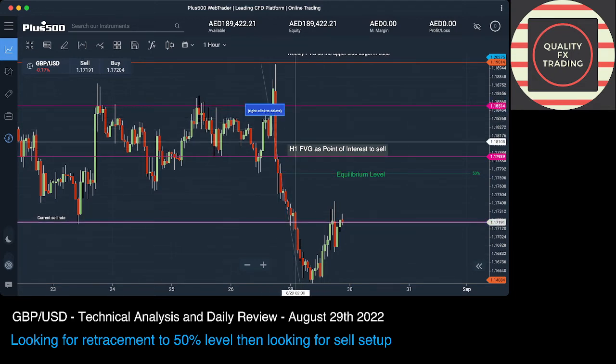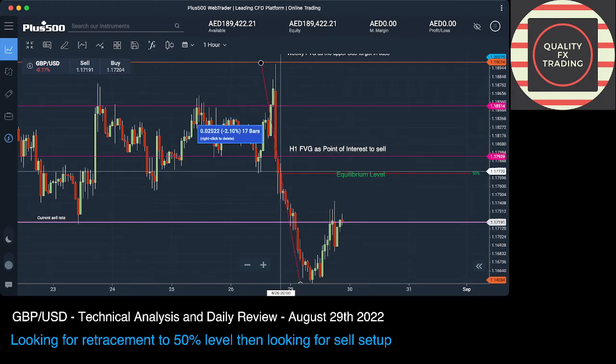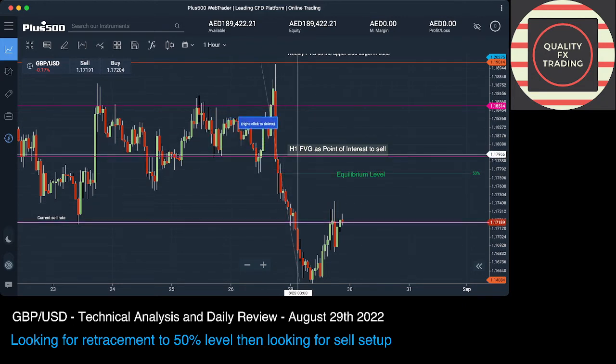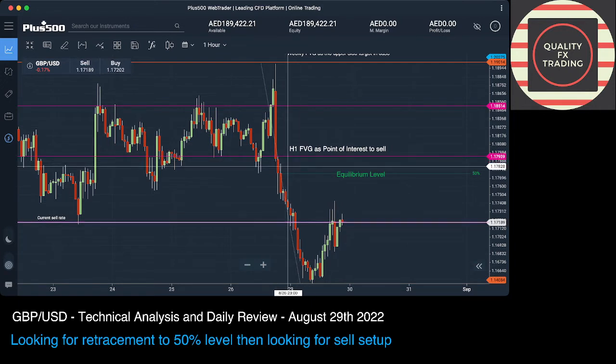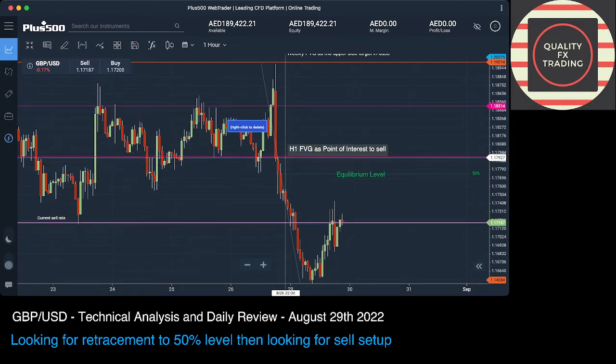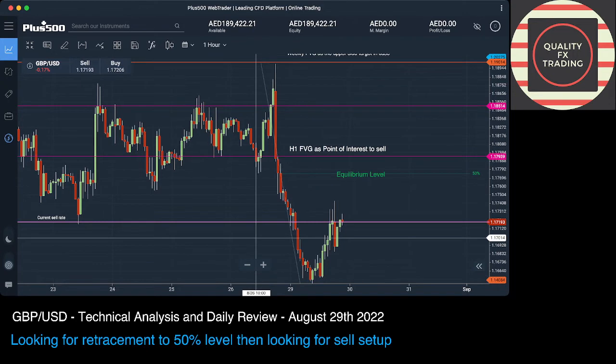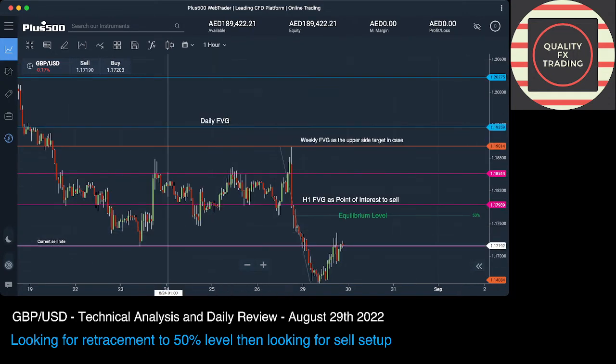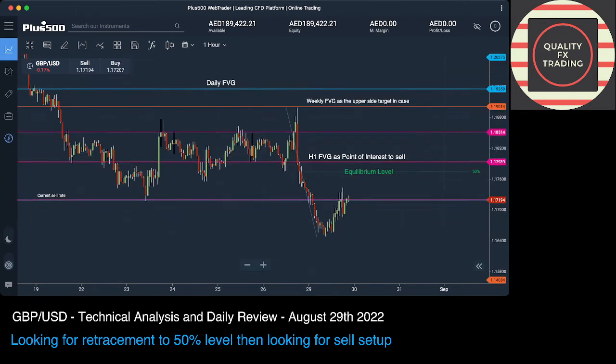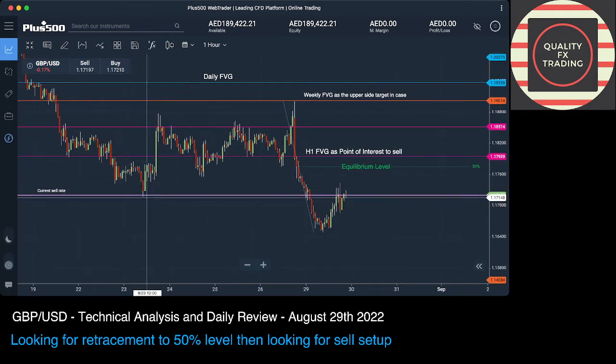So this is a breakaway gap because price didn't go to this gap and it was not touched at all. So that's why it's called breakaway gap and price pushed on. So the price pushed on and it broke this low, and we mentioned in the weekly forecast that there is a possibility to break this low even in the beginning of the week.